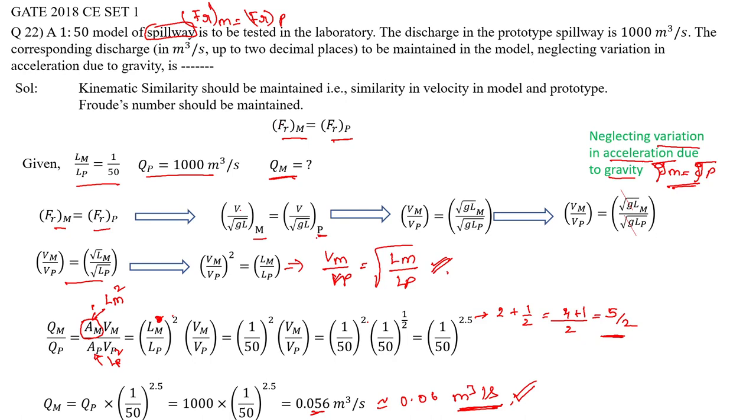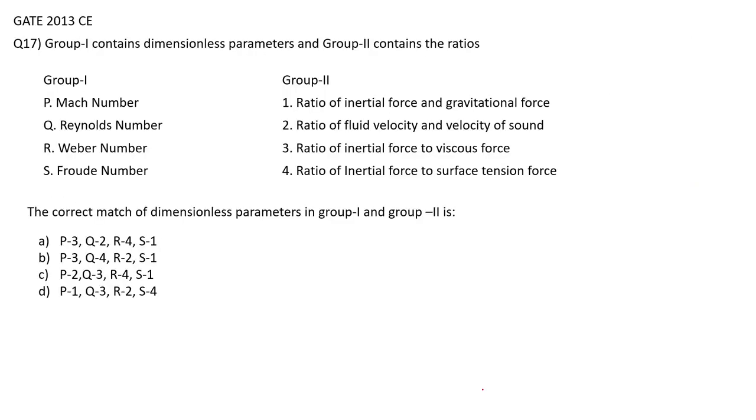Okay, so let's solve some simple question. This I have taken from GATE 2013 CA. For this question, I am expecting some voluntary response. Group 1 contains the dimensionless parameters, and group 2 contains the ratios. So now we need to match these.